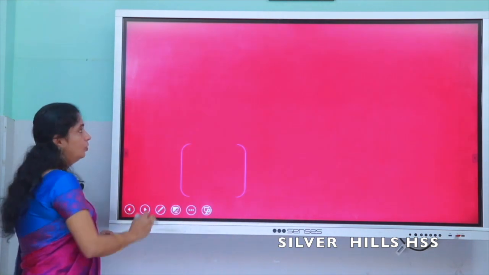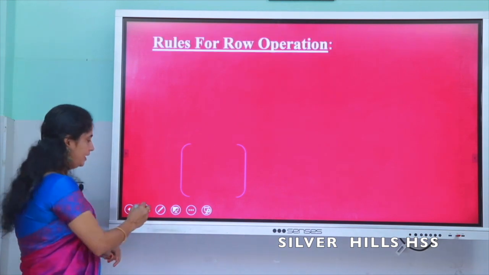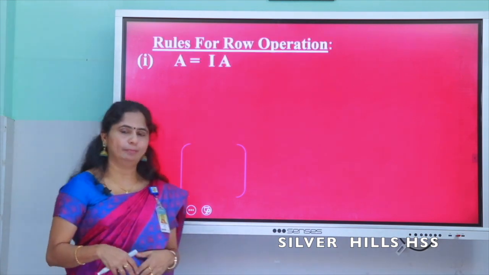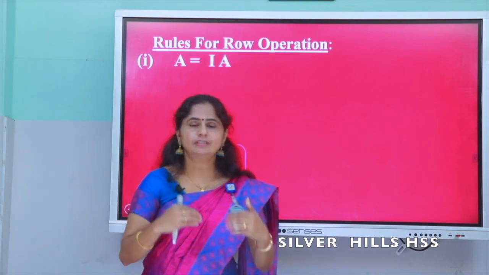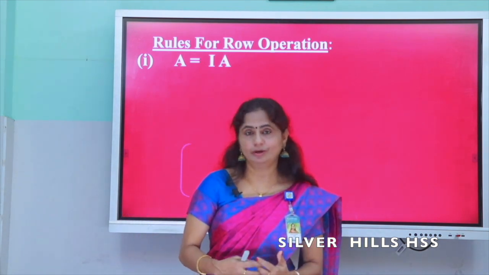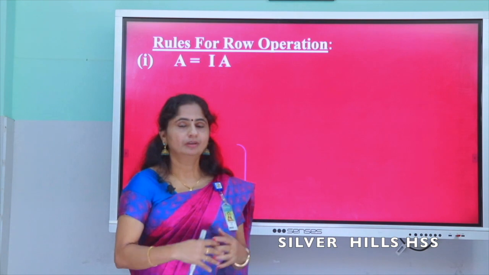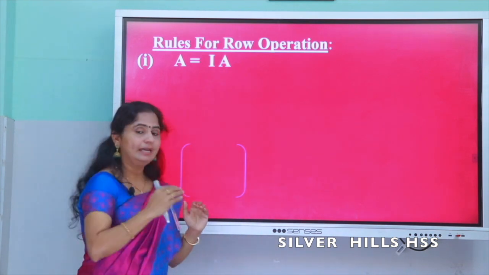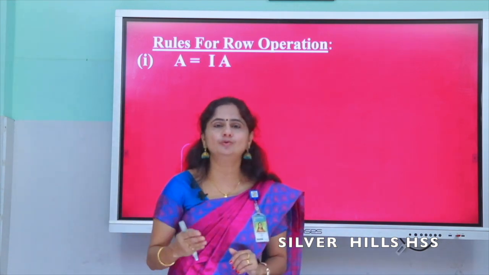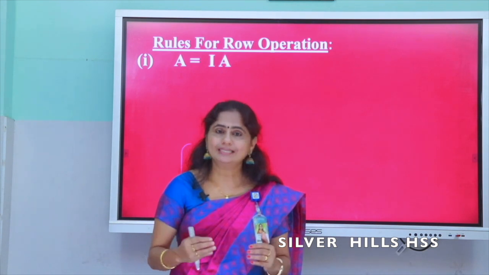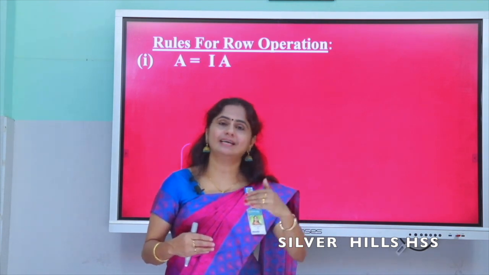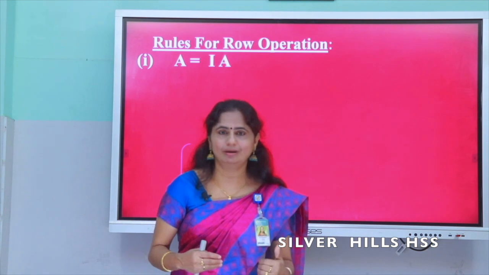Therefore, we can impose some rules on row operations. When we start the row operation on a matrix equation, first we have to write A is equal to I into A. We know that any matrix multiplied by its identity gives us the same matrix.